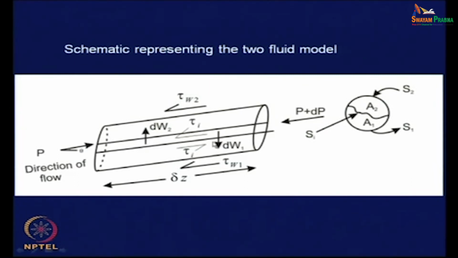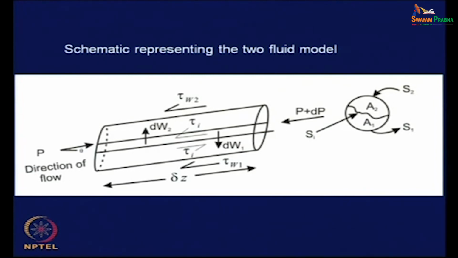That is why we applied the same concept in the drift flux model to arrive at a proper expression of F12, the interacting force at the interface. From there we tried to get a relationship between J12 and the input parameters.